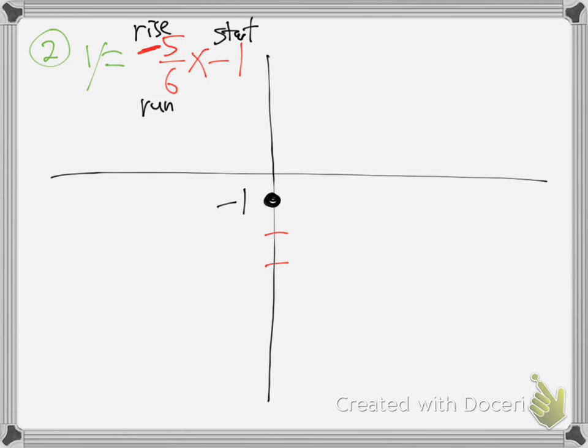1, 2, 3, 4, 5. And then over 6. 1, 2, 3, 4, 5, 6. There it is. Connect the dots.